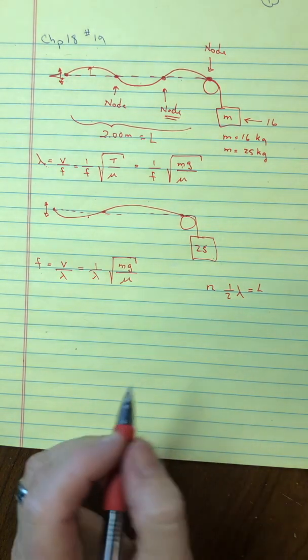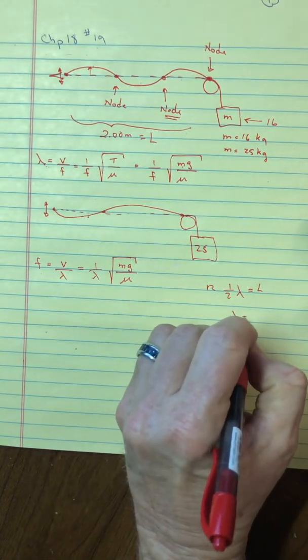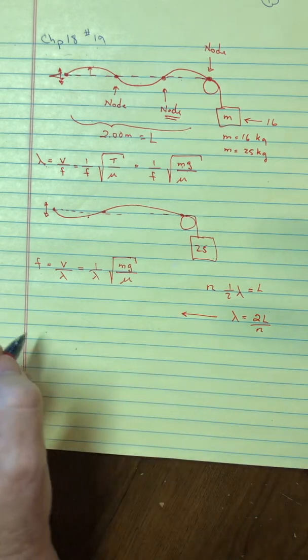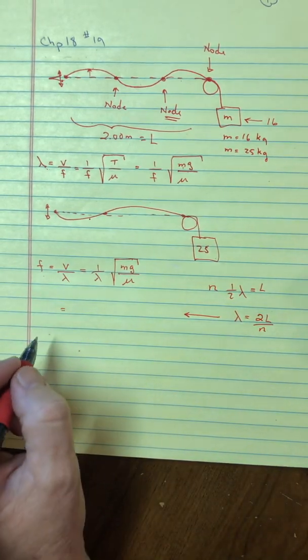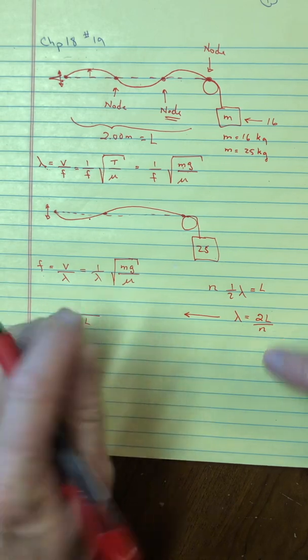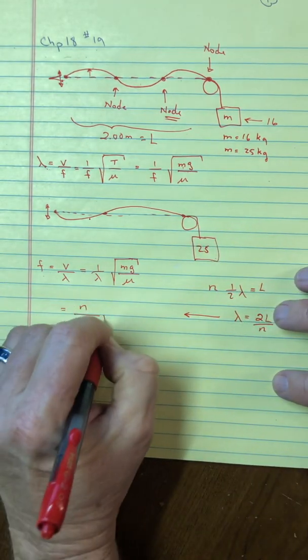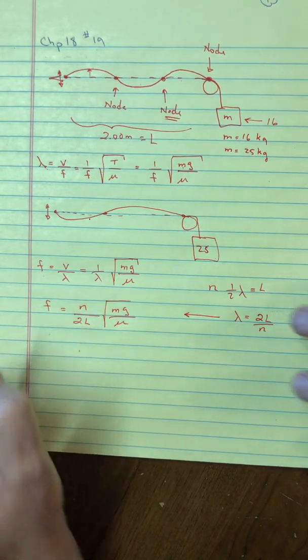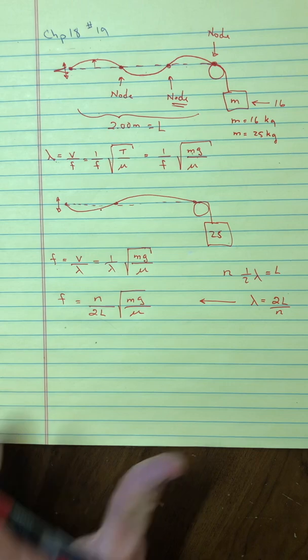So we could rearrange this to say the wavelength is 2L over n, and we could put that into here. All right, so putting the wavelength, that would be a 2L, and then flip it, that'd get an n, and that would get the square root of mg over mu, and that would be the frequency. Okay?